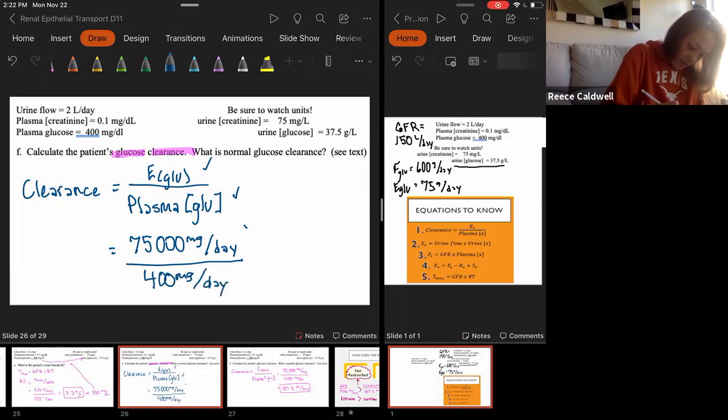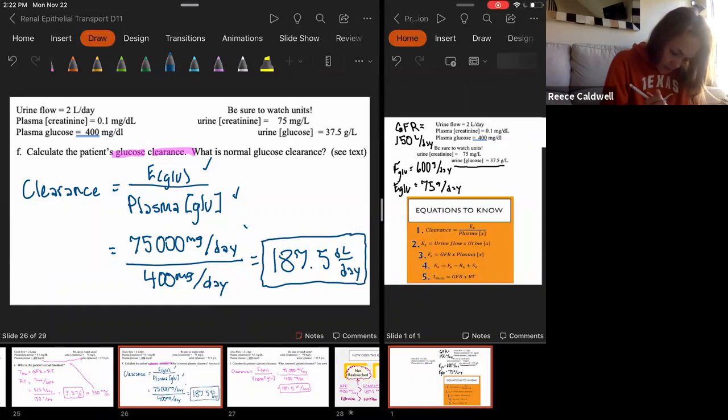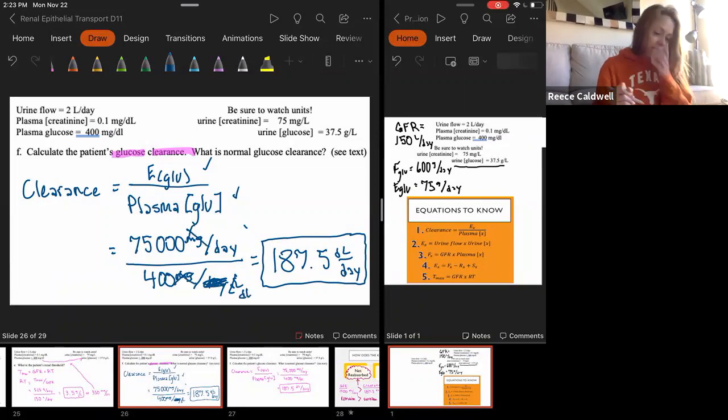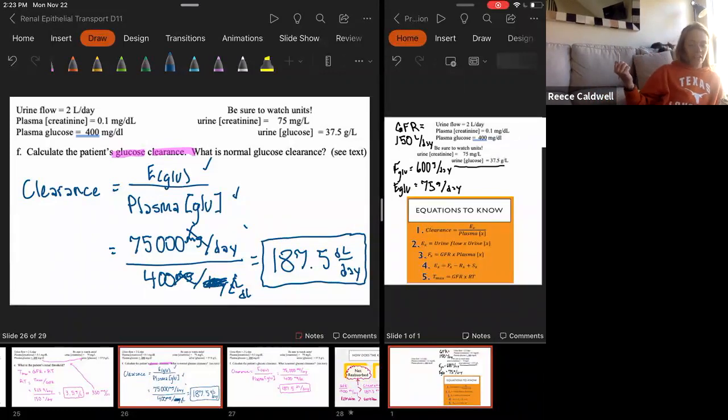When we solve this out, what we get is 187.5 deciliters per day. The milligrams cross out and we're left with deciliters per day. So that is how much glucose we are clearing.